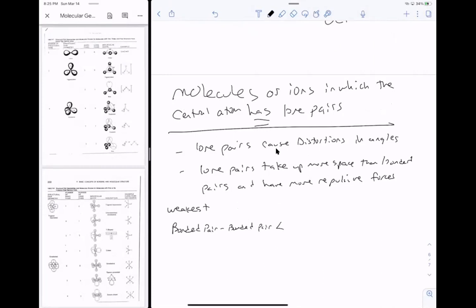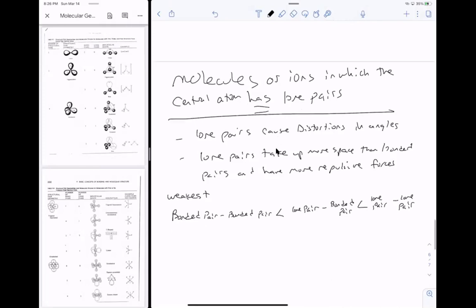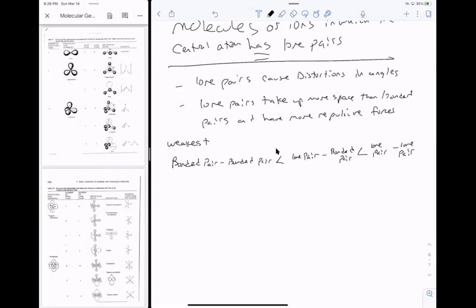Those are less than lone pair, bonded pair, and those are less than lone pair, lone pair. So the greatest repulsion would occur between two lone pairs, but you'll see in either case, once we add a lone pair, the repulsive forces increase.